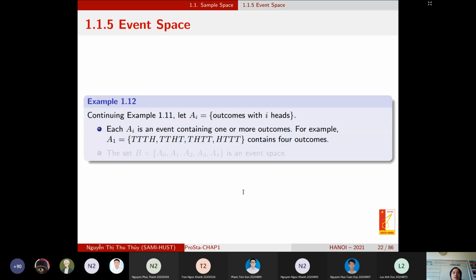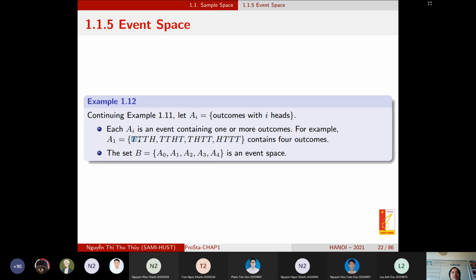And now we consider the event Ai. Ai means outcomes with coin i facing head. For example, A1, what does it mean? A1 means we have only one head in 4 coins. So we can list all the possible outcomes for this event.